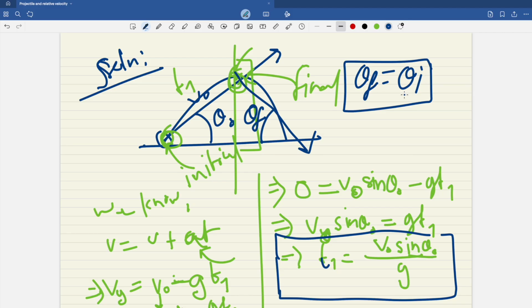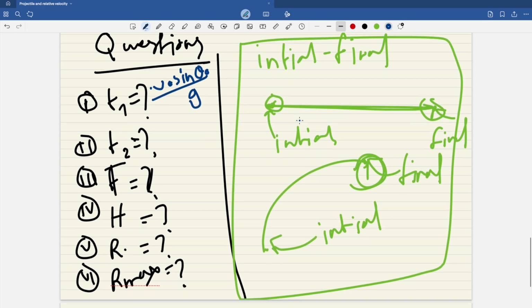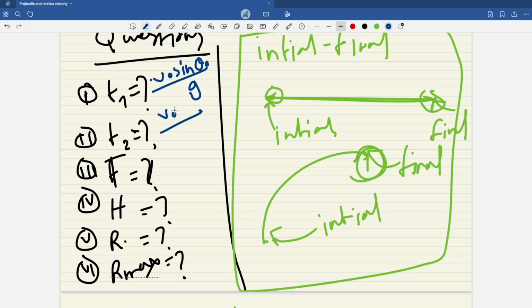So the angle of throwing and the angle of falling are the same. So T1 is also equal to T2. So we got our second answer: V naught sine theta naught divided by g.